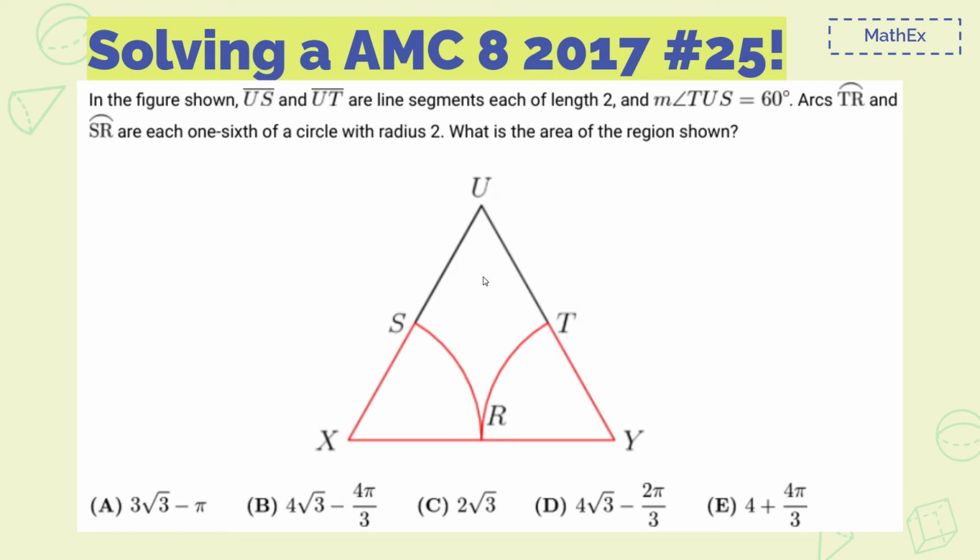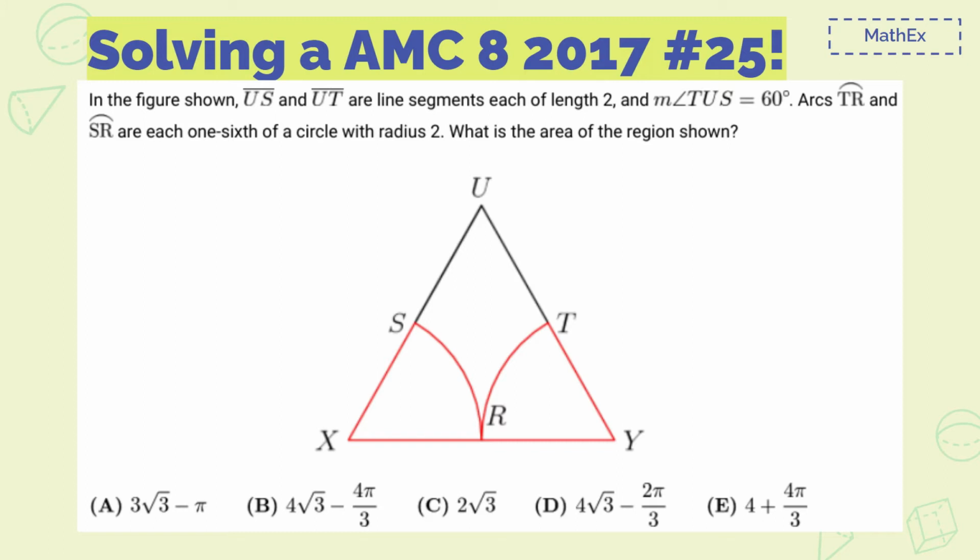Now, this is the complete diagram of what they mention in the problem, except we added a bit of touches because they never mentioned the center points of the circles. So we decided to make variables for them called X and Y. And X and Y are going to have these radius 2 segments of the circles connecting to US and UT. So now the diagram's a lot less ugly and we can do a lot more with it.